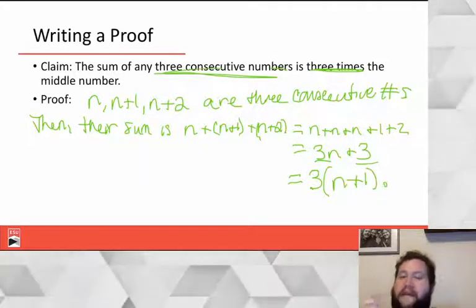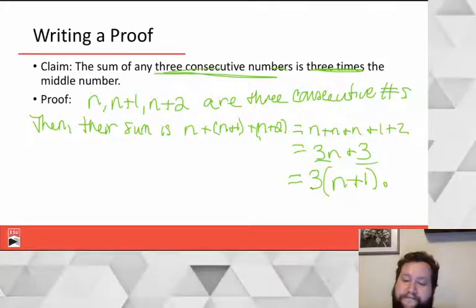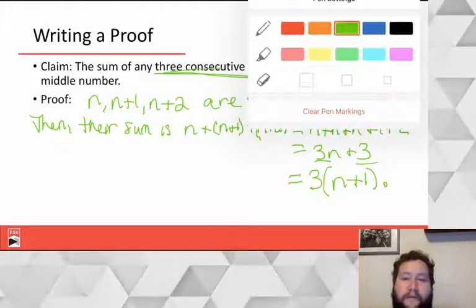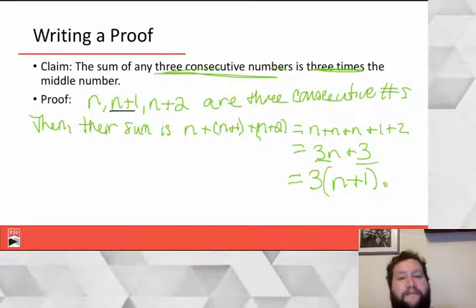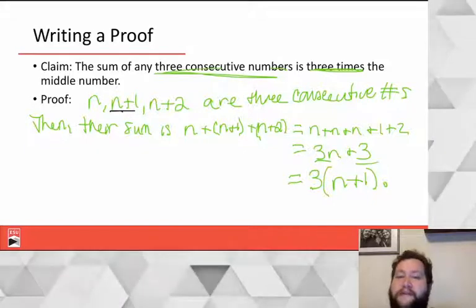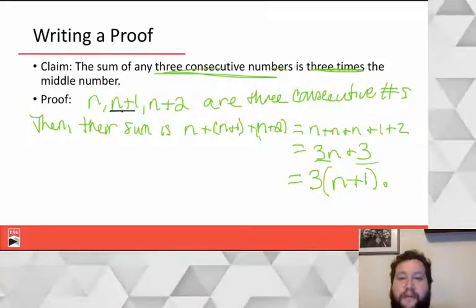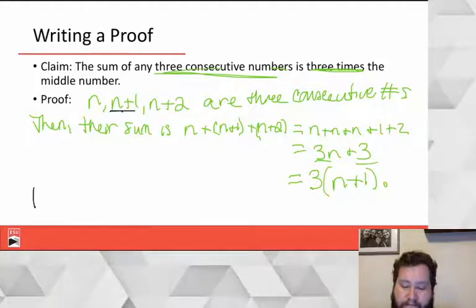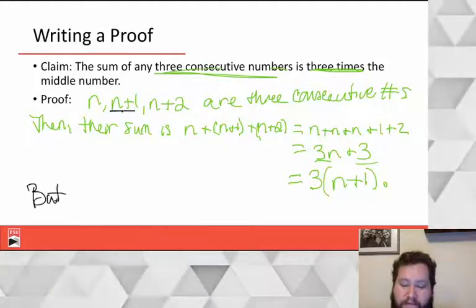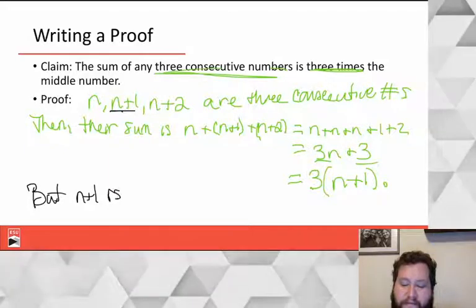Now, where have we seen n plus 1 before? Well, n plus 1 is right here. And what is n plus 1 in relation to these 3 numbers? n plus 1 is the middle term.